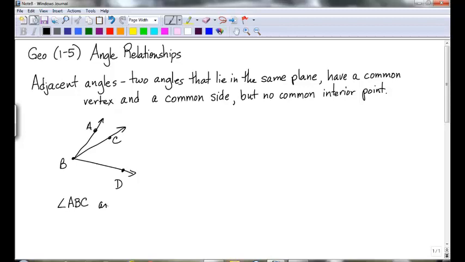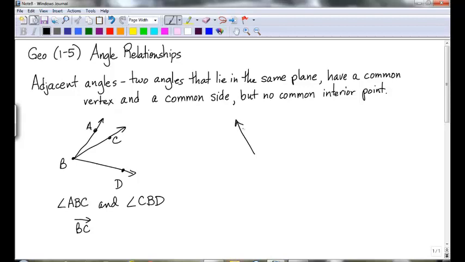They have a common vertex, which would be B. The common side, if they asked on the directions, would be BC. And remember, you have to have that little symbol up above it.